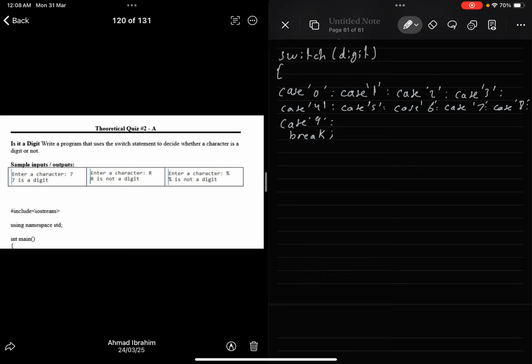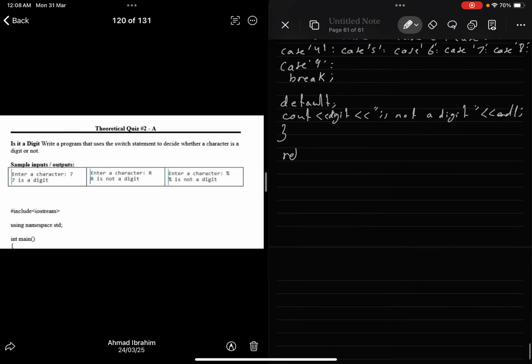So we have this from case 0 to 9 default. So that means if we enter anything else, it will be cout digit is not a digit, endl.